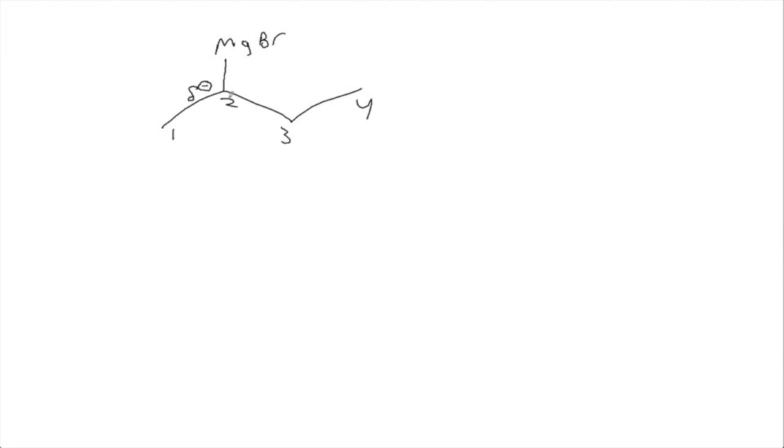Because it is a Grignard reagent, the magnesium bromide. The magnesium itself has the partial positive charge. How do you know? Carbon is further to the right on the periodic table. That's right. So we don't need to memorize the delta charges in a Grignard. We can figure them out. Good. Okay.